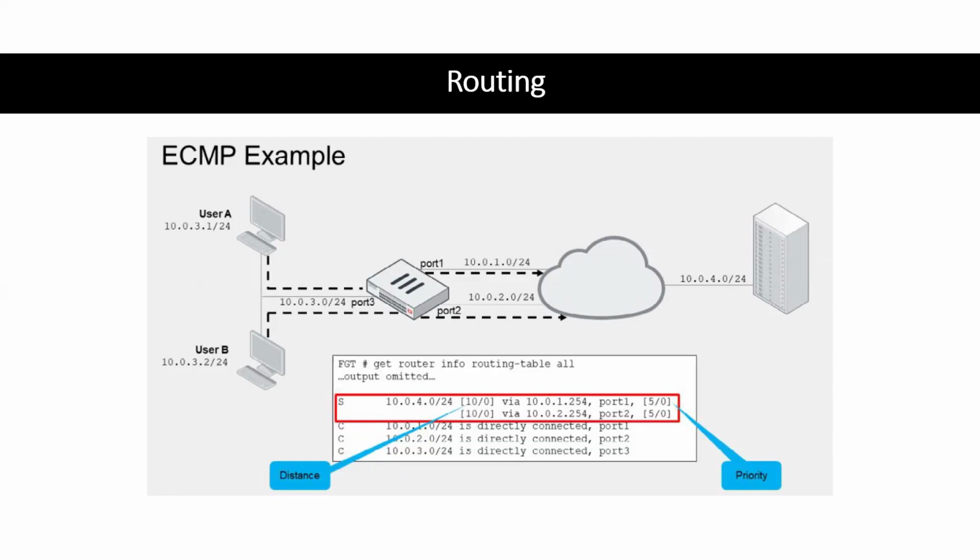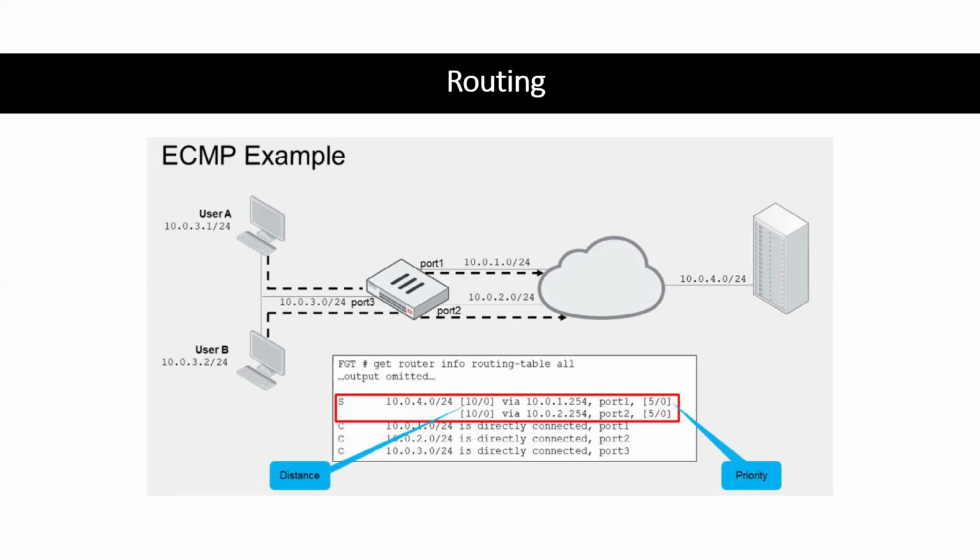So let's go ahead and look at this example. We see the routing table. We have two paths to get to 10.0.4.0/24, that's a server on the right. The FortiGate has a path over port 1 and a path over port 2. We're using the default method, source based.